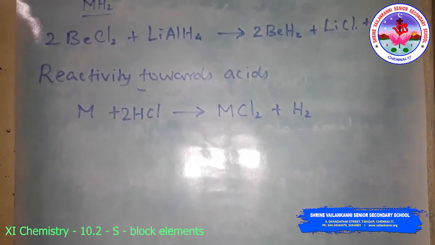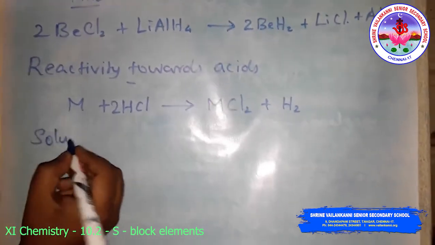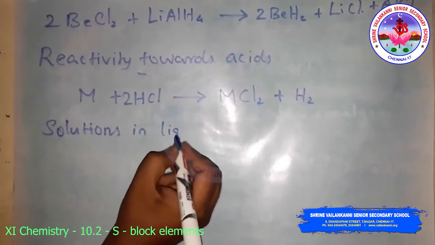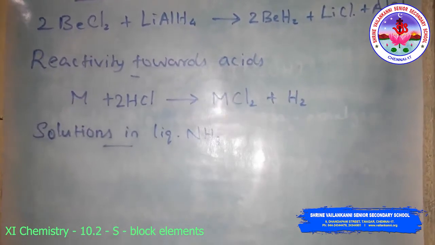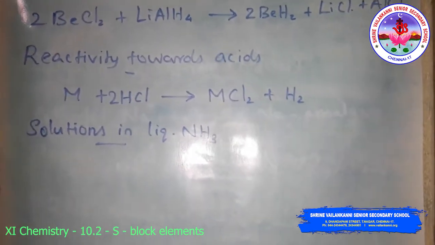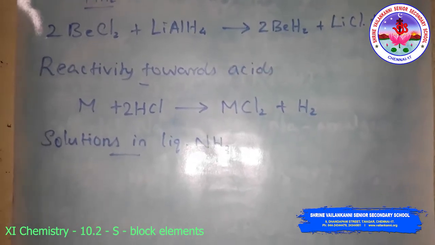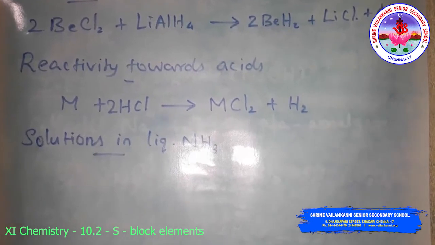Next is solutions in liquid ammonia. Like the alkali metals, the alkaline earth metals dissolve in liquid ammonia to give deep blue-black solutions, forming ammoniated ions.